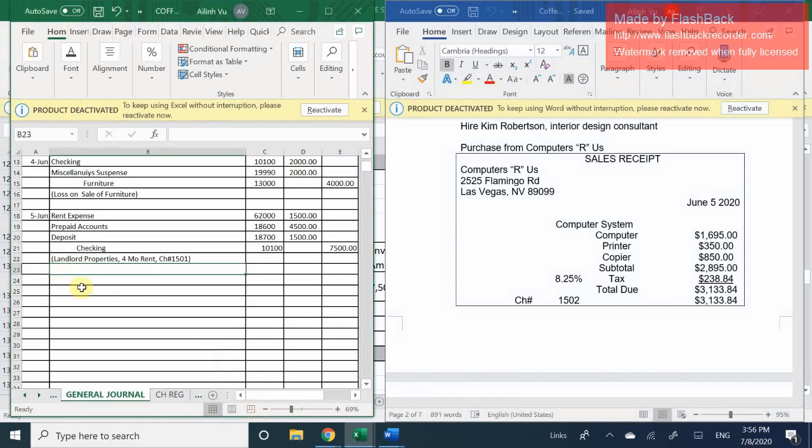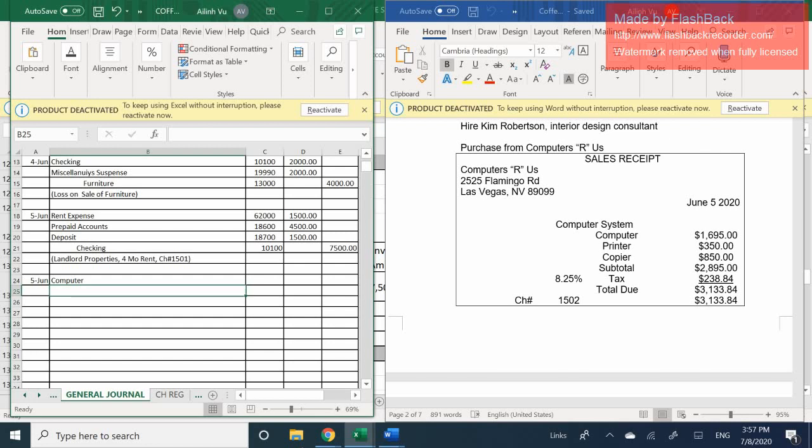So in our journal, we know that we're going to recognize on June 5th. Is that right? Let's look at our receipt. Yes, on June 5th. We recorded what? We got a computer, right? It's an asset, right? What kind of asset is it? Current. What makes it current?